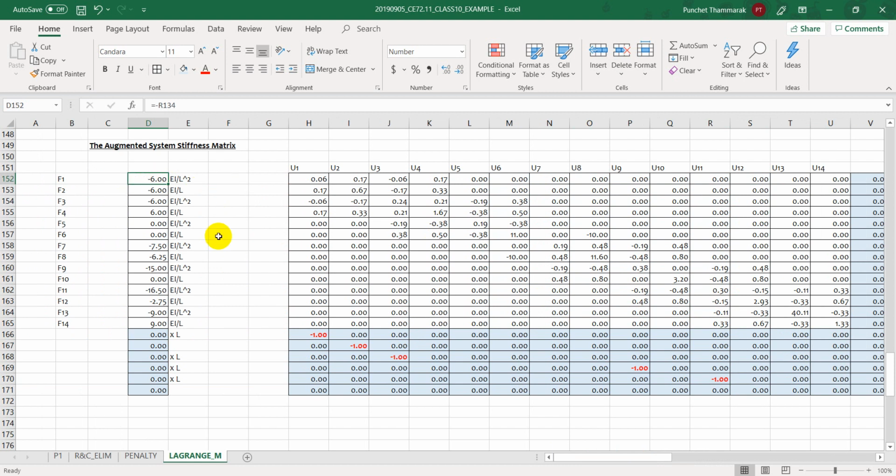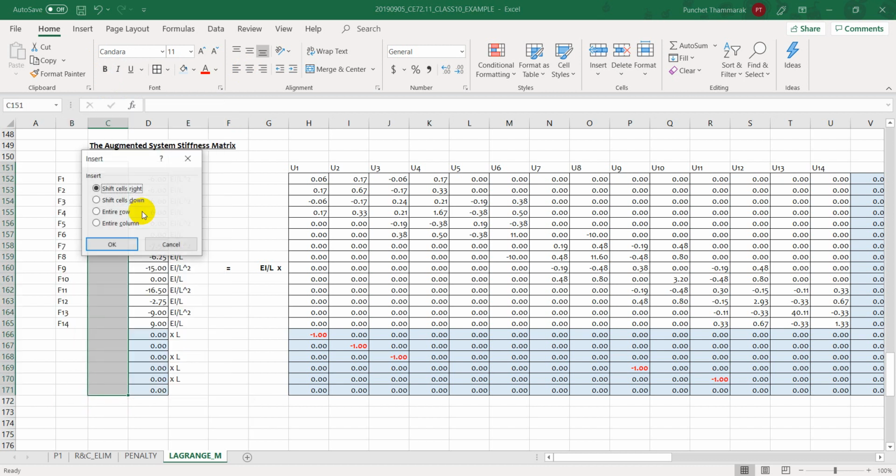One second, let me see how to multiply. This will end up with EI over L. Oh no, EI over L multiplied by this. This is equal to, center it. I need to add something in here.